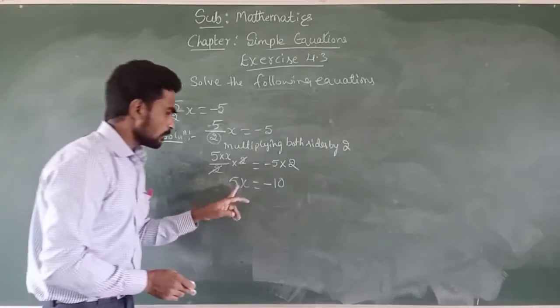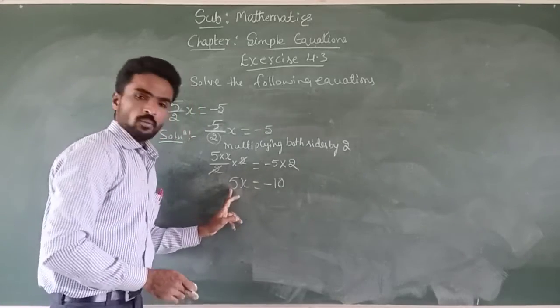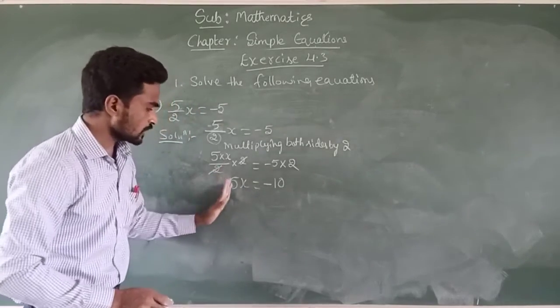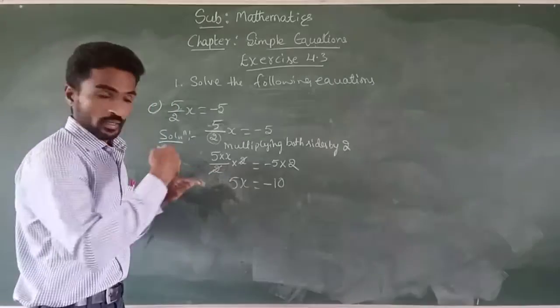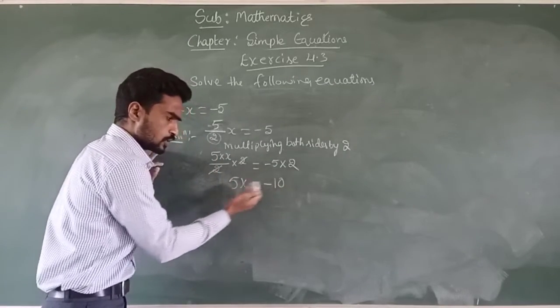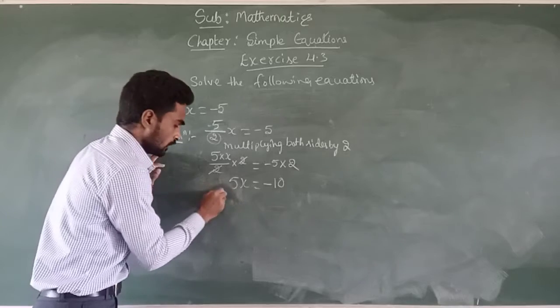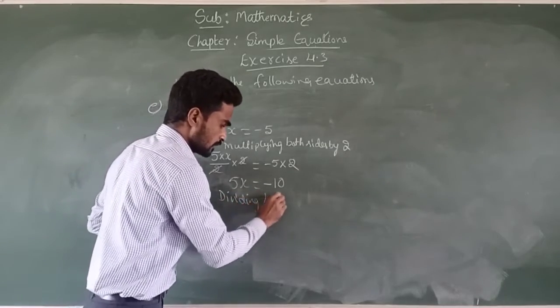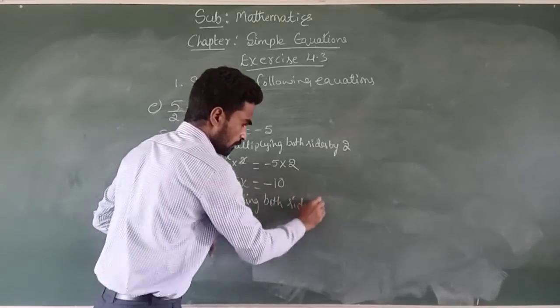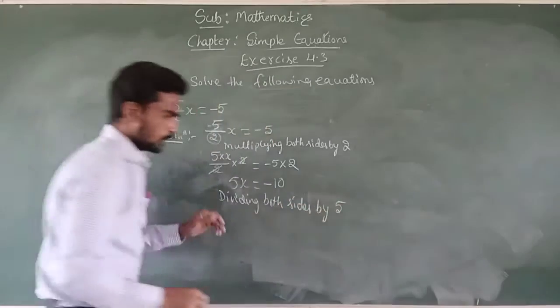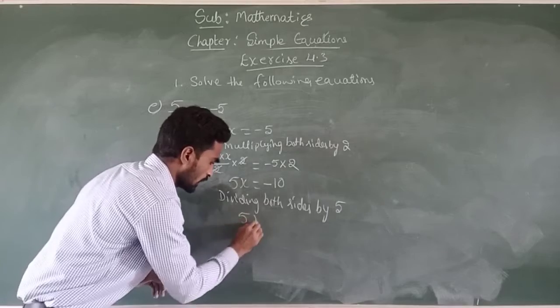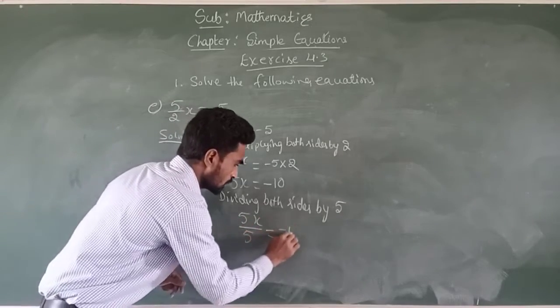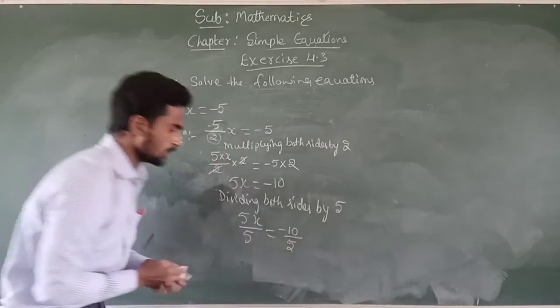Now here the coefficient of x is 5. For removing this 5 we can divide both sides by 5. Dividing both sides by 5, we get 5x divided by 5 is equal to minus 10 divided by 5.